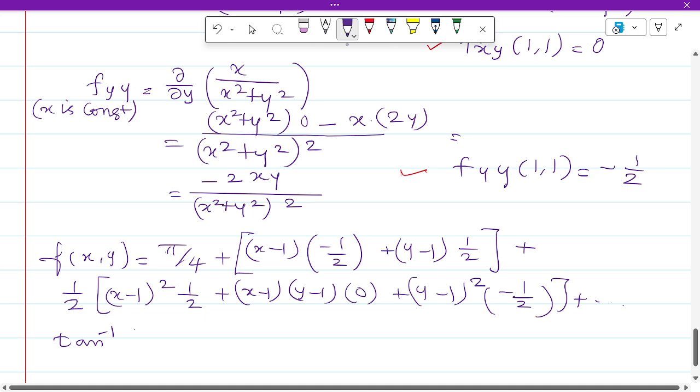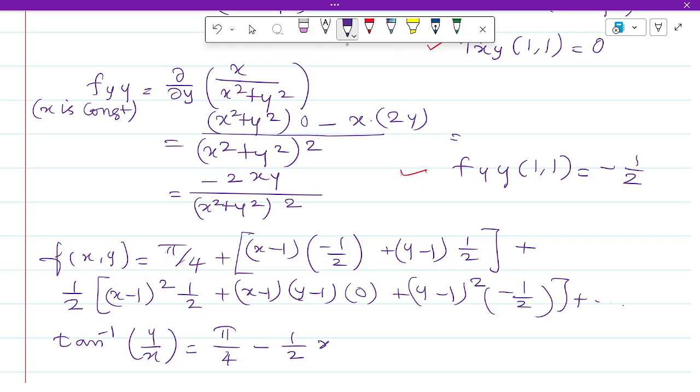Given value is tan inverse of y by x equal to pi by 4 minus 1 by 2 x minus 1, either you can take it outside or you can write directly, plus 1 by 2 y minus 1, plus 1 by 4 x minus 1 whole square minus 1 by 4 y minus 1 whole square is the answer.